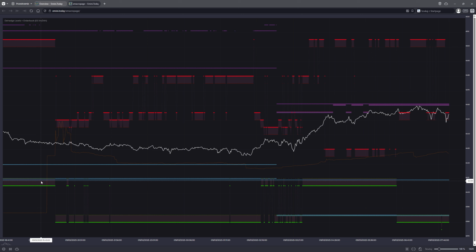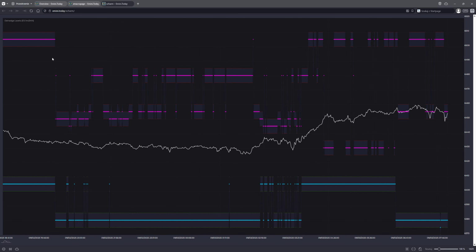Okay, so we are back at current situation. This is the Dehedge Levels with order book. So if we just go to Dehedge Levels, in current situation, it's a bit of a mess. And again, so far I would see that, okay, this is the level, right, for now.